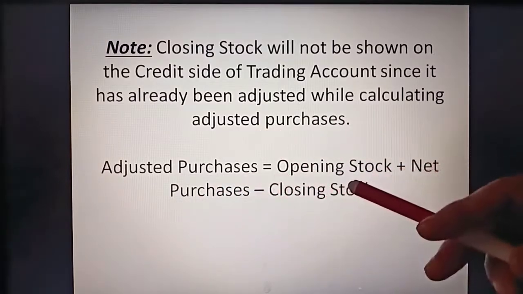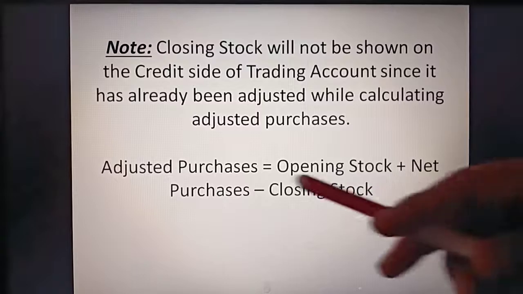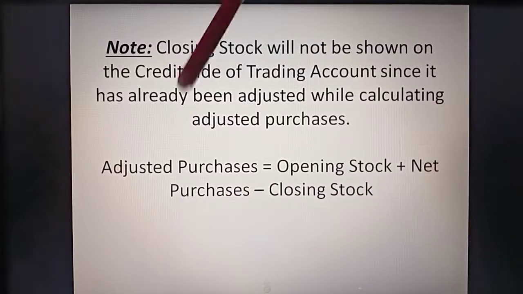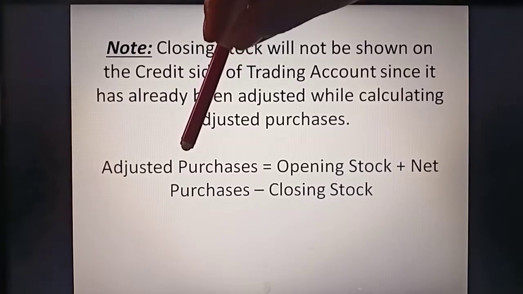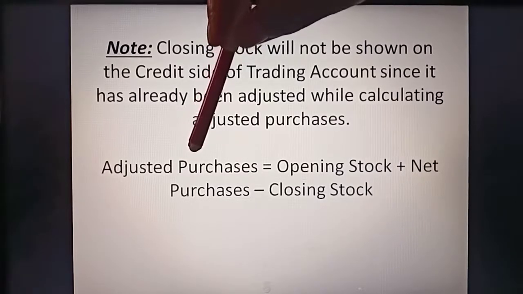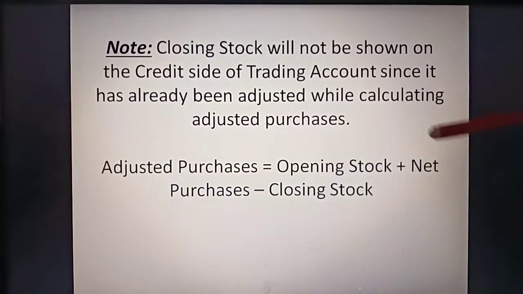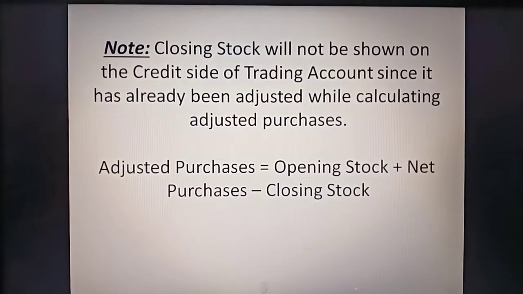Adjusted purchase is equal to opening stock plus net purchase minus closing stock, and it is given in the question. So keep in mind that opening stock, purchase and closing stock, all these three items are under adjusted purchase.